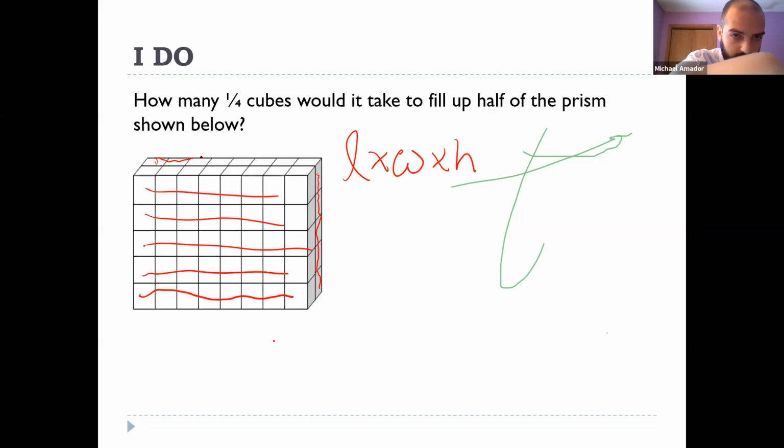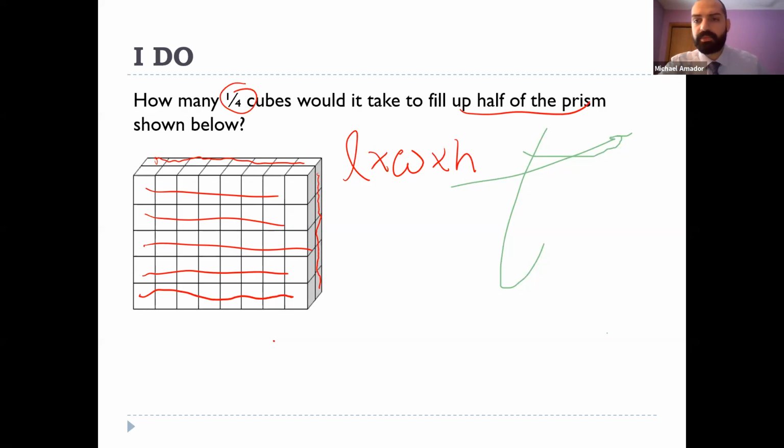This up here is the back layer. In order to be able to answer this problem, I have to ask myself, what is it asking me? This problem is asking me how many 1/4 inch cubes it would take to fill up half of the prism.